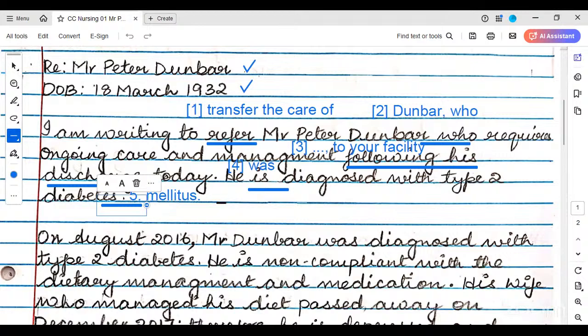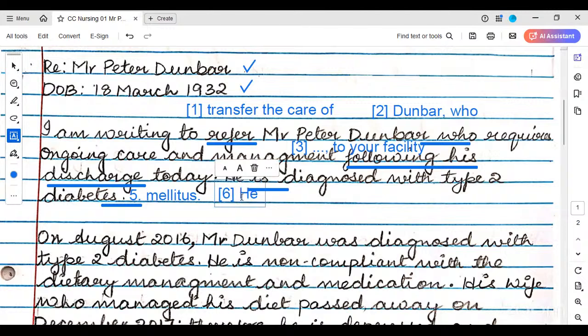Next point is here. So why are you giving transfer of care? Because he is moving places. Now number 6. Why are you transferring the care of Mr. Peter Dunbar from your town to another town? There's a point here.